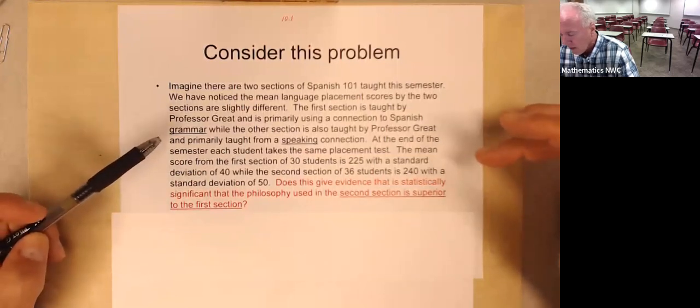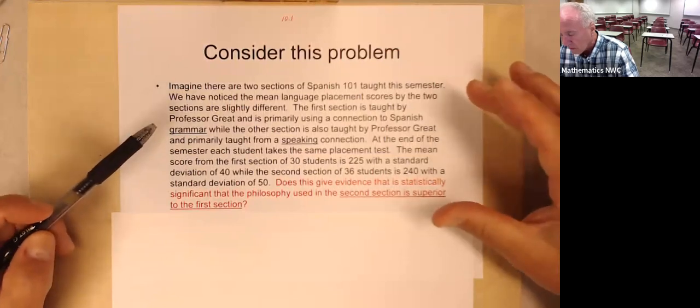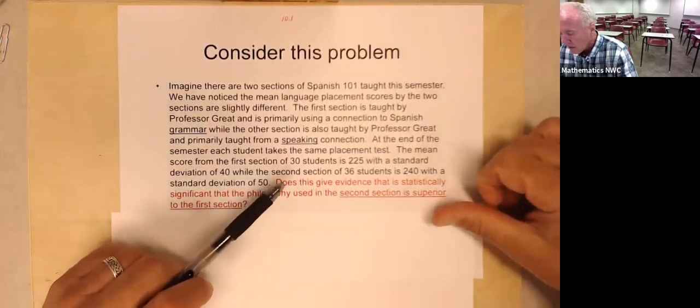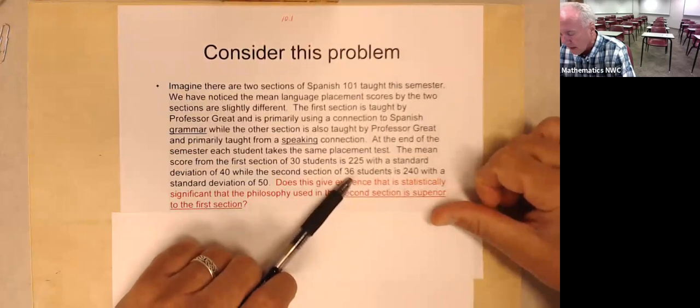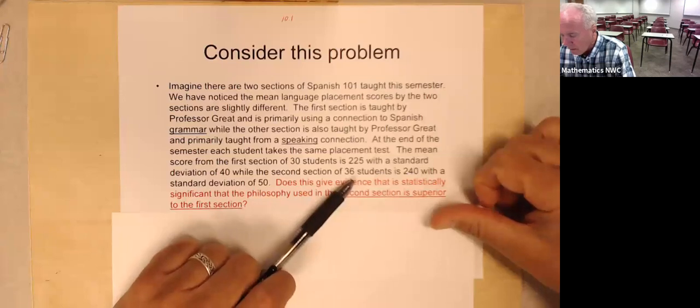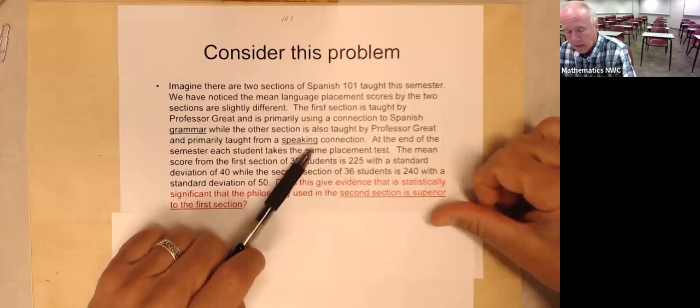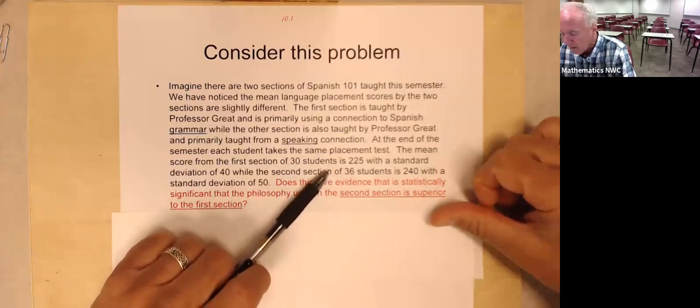And finally, a third variable here that would be highly significant would be, is there a greater number of students in this second section that have Spanish as their primary language? That would indicate that they would likely pick up that test and do better on that test because it's their first language.